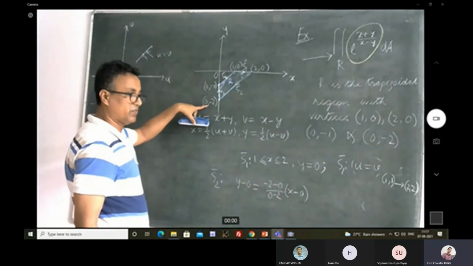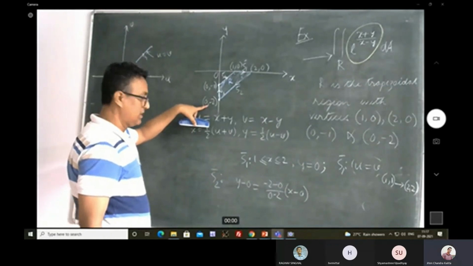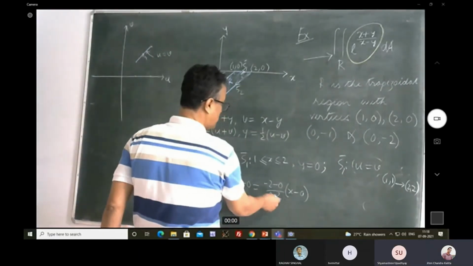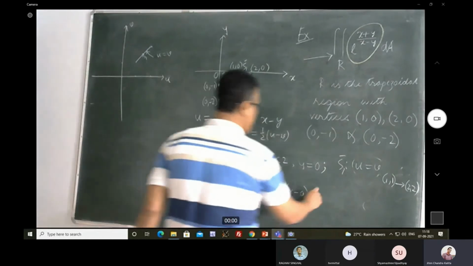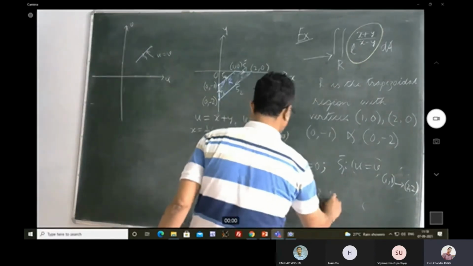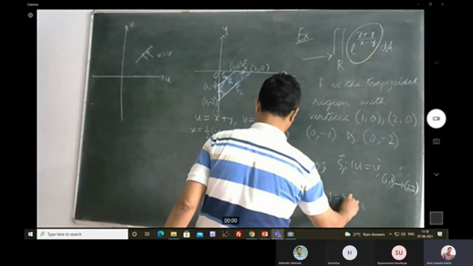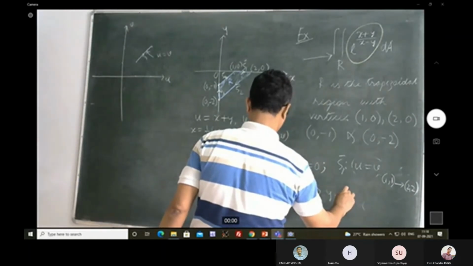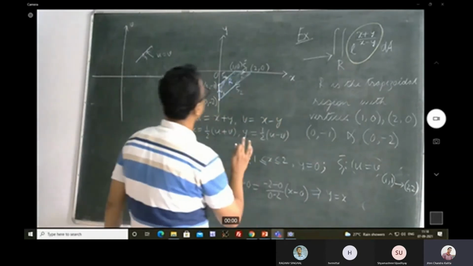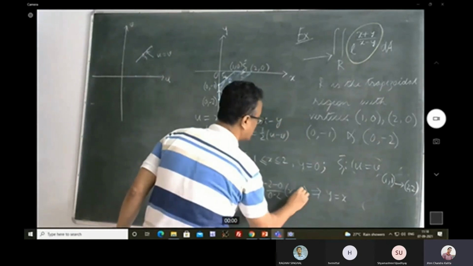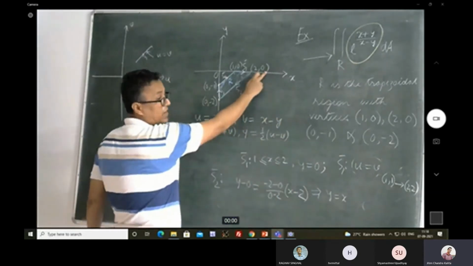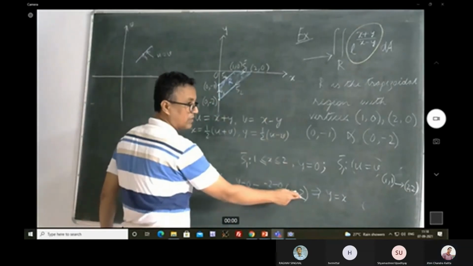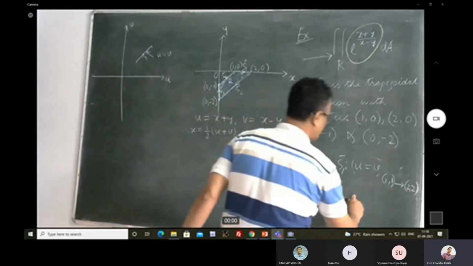This is the equation of the straight line. Okay, fine. And minus 2 by minus 2 is 1. So simply you will find that this is y equal to, no, just a minute, x minus 2, because I have taken the point 2, 0, right? Is it okay? Fine.